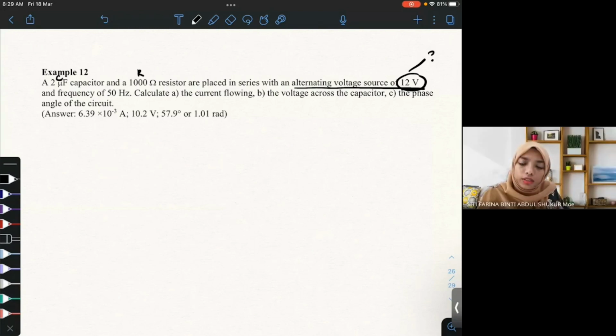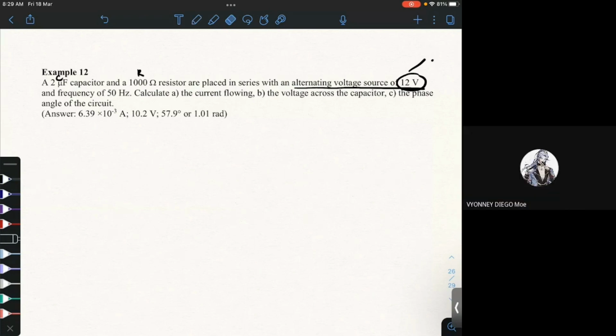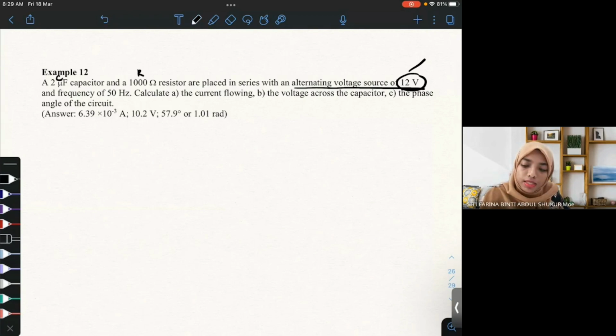V naught ke VRMS? VRMS. VRMS, excellent. Okay. Kalau V naught tu memang dia akan mention peak voltage. Tak payah risau. Okay, other than that, voltage yang dia bagi adalah memang VRMS.